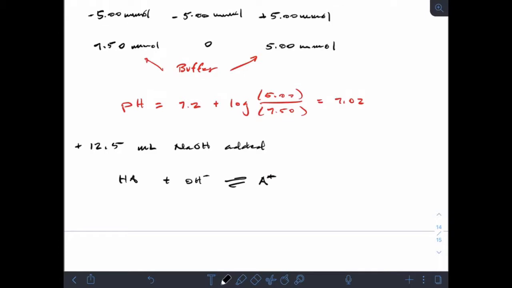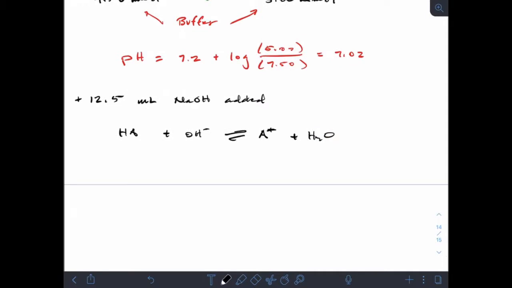A minus. Right, so we still keep that same amount of acid that we started with. And now we have 6.25 millimoles of base added. None of this and none of this to start.